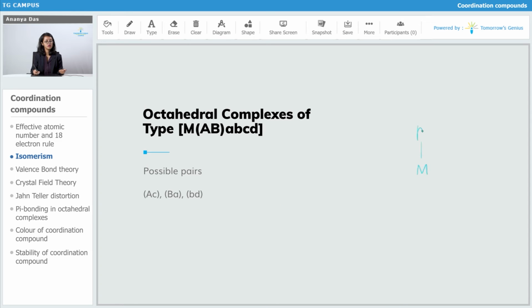Now A is trans to C, B is trans to A, and B is trans to D. So this is also optically active.